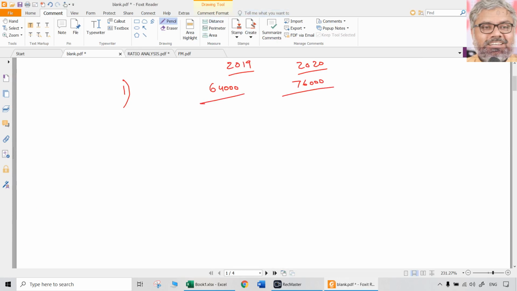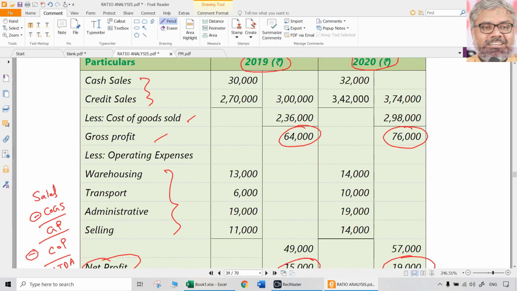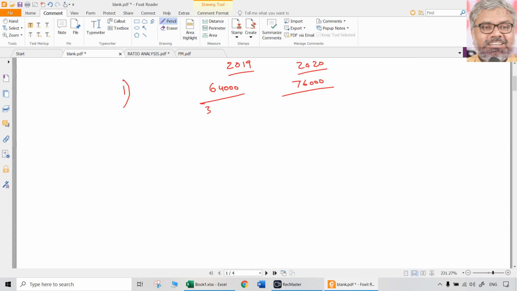Divided by sales. How much is sales in each of these years? We have to take total sales, cash sales and credit sales put together. That is 3 lakhs here and 3 lakhs 74,000 here. Of course, you have to multiply it with 100 because it is expressed as a percentage.